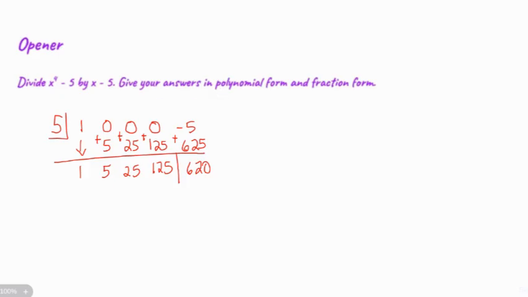So polynomial form. That was x minus 5. And let's think this one through. We got x to the third plus 5x squared. Pardon me, tripping over my words. Plus 25x plus 125. And then plus our remainder, which is 620.